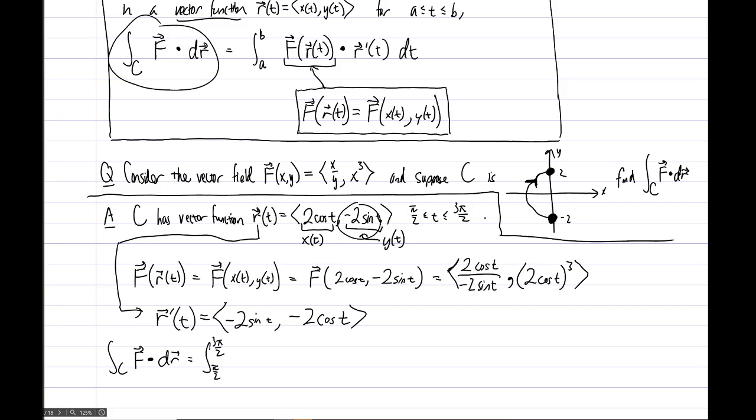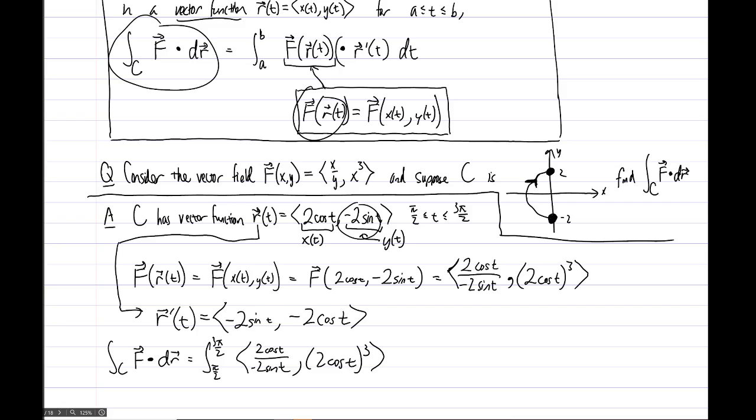Then we have this F of r of t, which we worked out off to the side just so that we didn't have to do too much all at once. If you want to reorganize the order of steps later, fine. I just wanted to get some of the ingredients in place because this is new to us. So we copy this vector over here: angle bracket 2 cosine of t over negative 2 sine of t, comma, 2 cosine of t quantity cubed, close angle bracket.